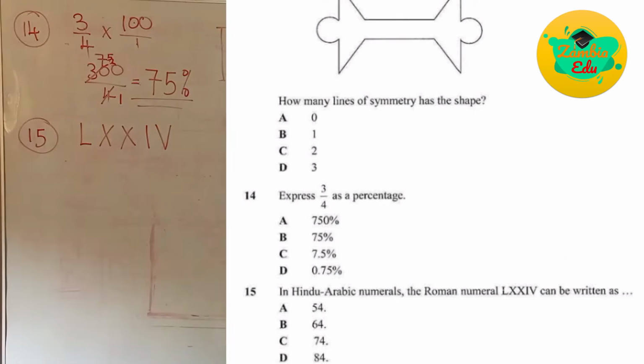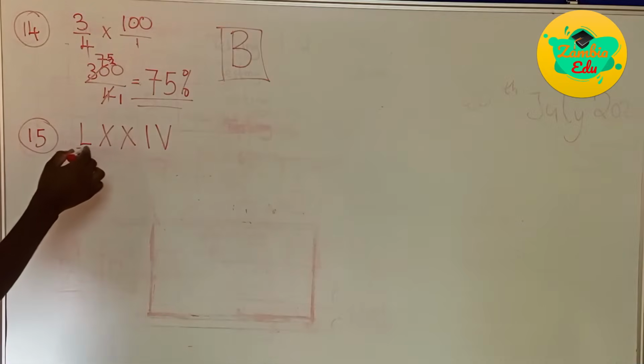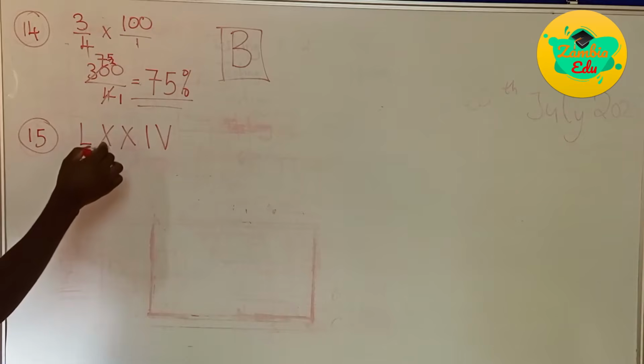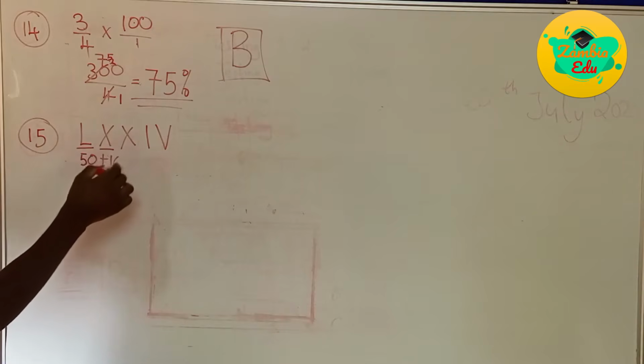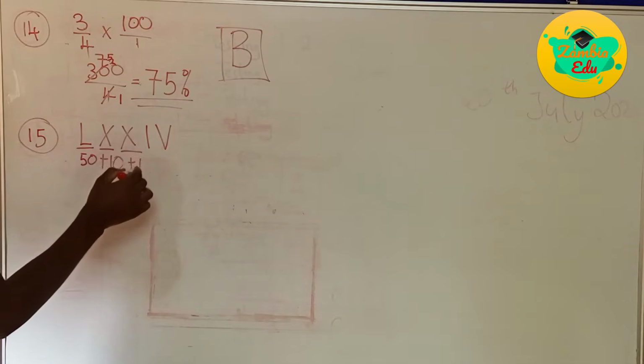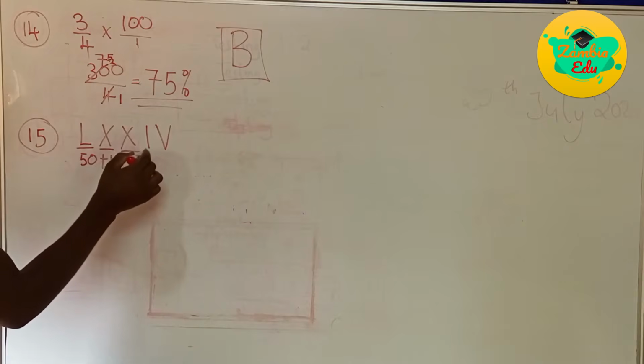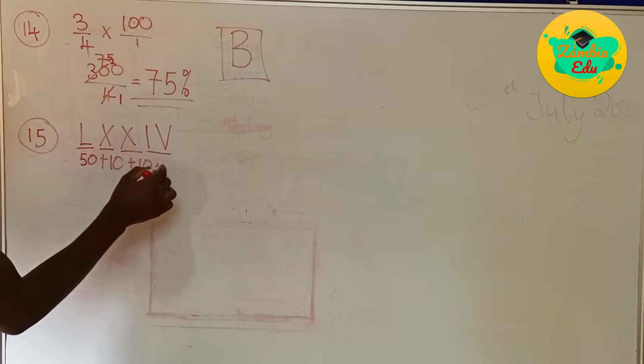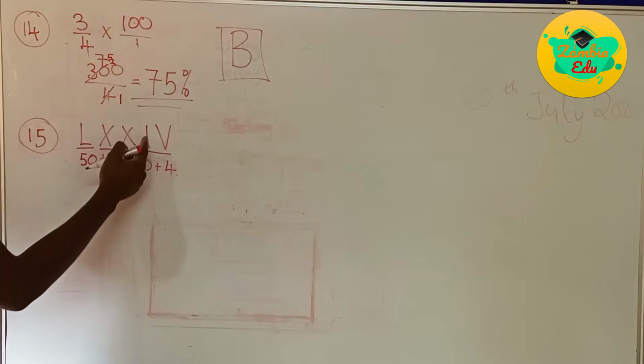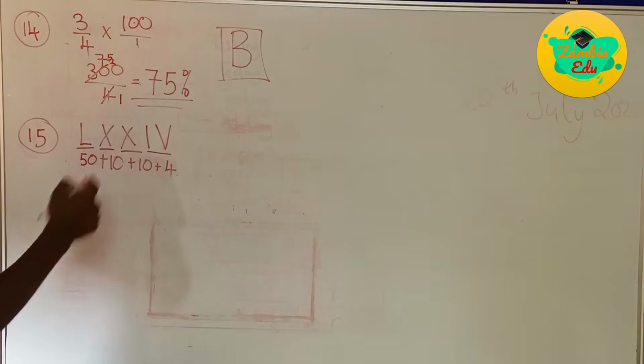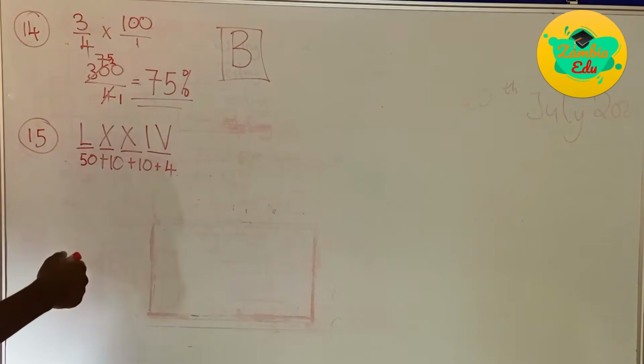That Roman numeral can be written as, so firstly, for us to be able to find that, we know that XL is a 50, so we can say this is a 50 plus X being a 10 plus X being another 10, IV being a 4. If a small letter is in front of a bigger one, it's subtraction.